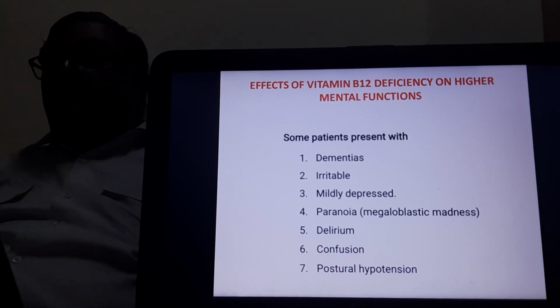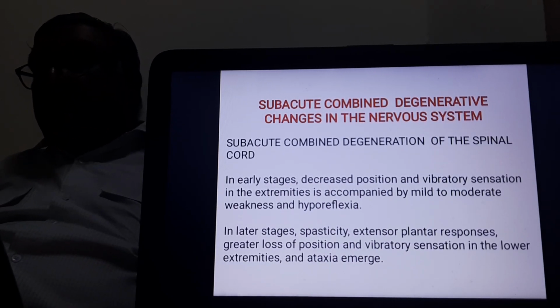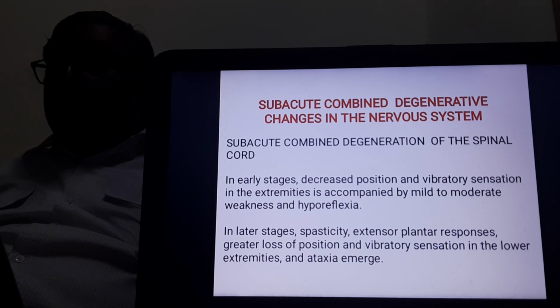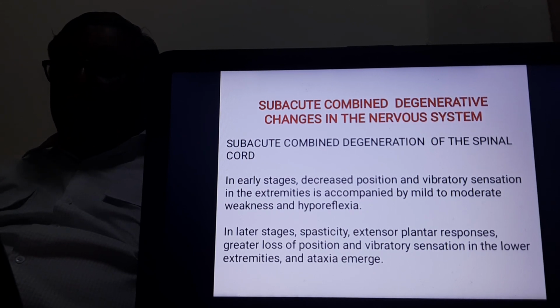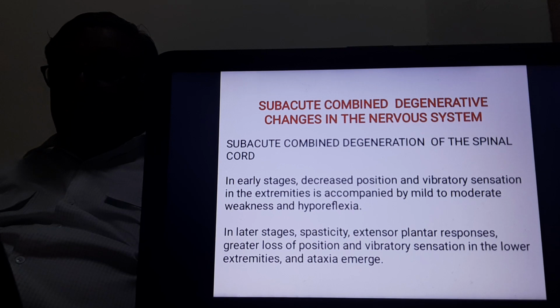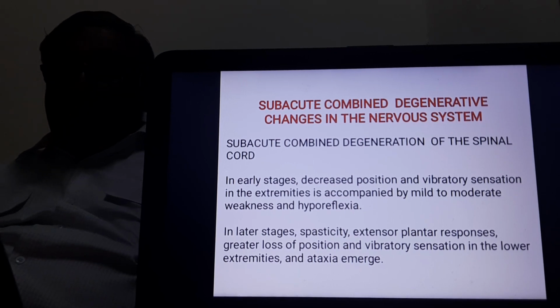The other organ to be affected is the spinal cord. In early stages, it basically affects the posterior column sensations, and the sensation of vibration is lost in the extremities, especially in a glove and stocking distribution, and there is mild weakness and hyperreflexia. This is called subacute combined degeneration of the cord.